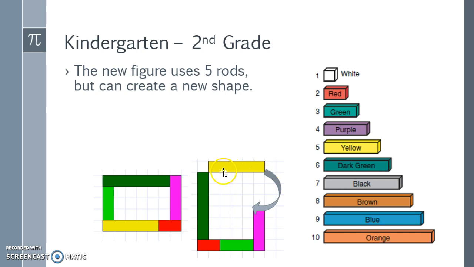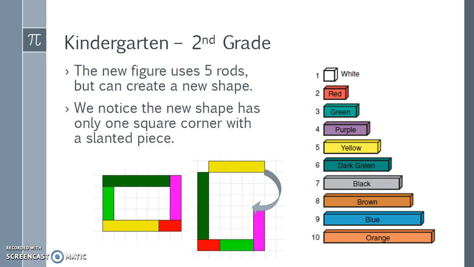So let's envision that I put this top rod as such and swing this bottom right corner to attach to this top left corner so that it sits at a diagonal. We notice that although the new shape still uses the same 5 color rods, the new shape has only a square corner here and here, but we also have a slanted piece.